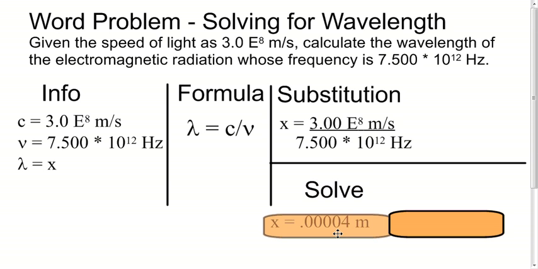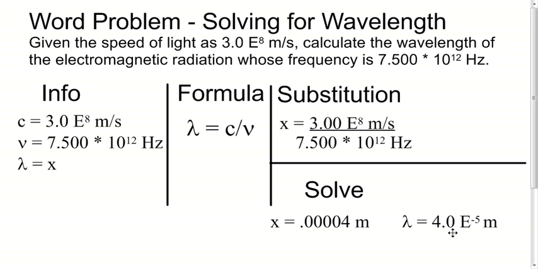And I get x is equal to this. The last thing I need to do is worry about sig figs. Here, this value of the speed of light only has 2 sig figs, so I would need to adjust my answer such that it has 2. So the answer is 4.0 e to the negative 5th meters.